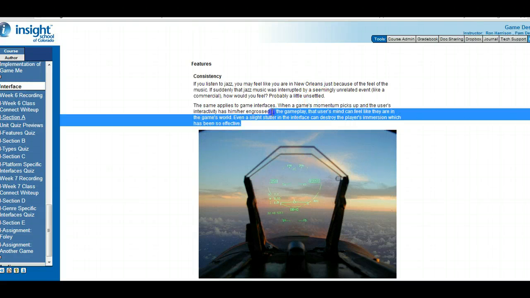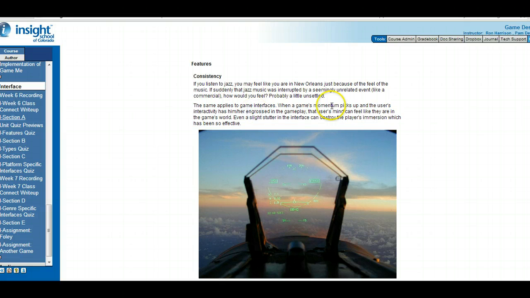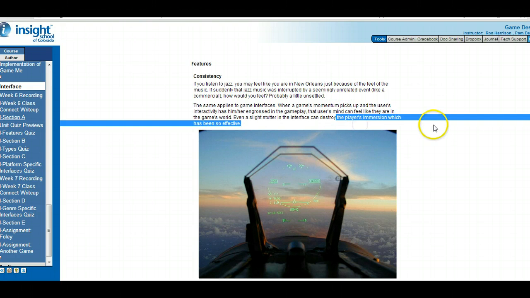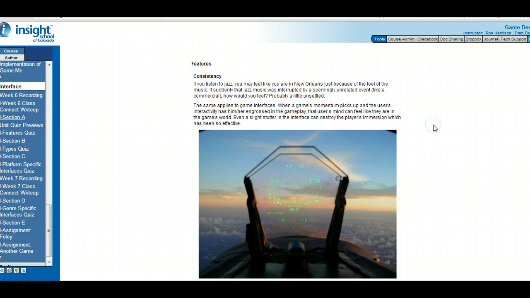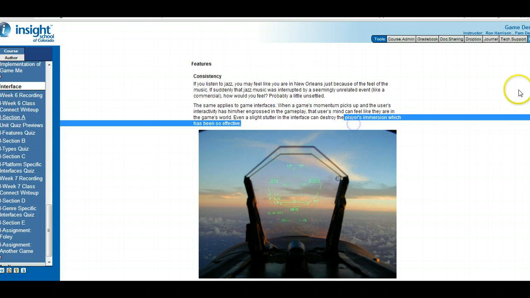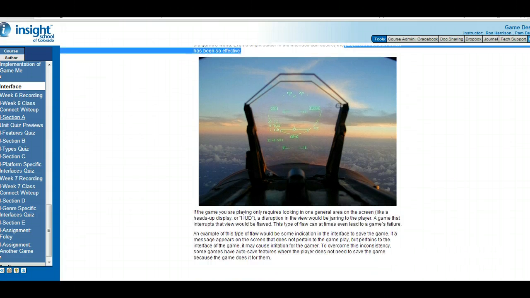Because as the gamer gets involved in the game, the interactivity, they get engrossed in the game, and it feels like they're right in the game. So even a slight shudder can destroy the player's immersion. So that's one reason consistency is important. You want to make sure that the player stays immersed in the game.